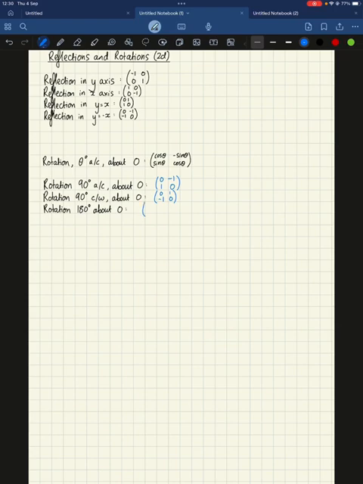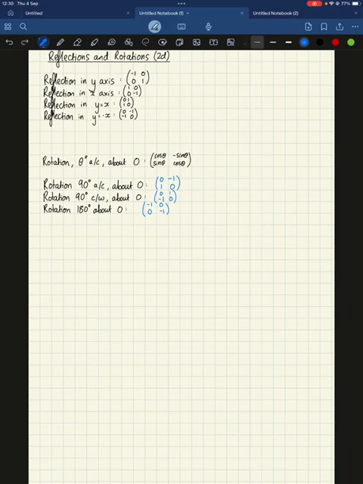And then 180 degrees, well, cosine of 180 degrees is minus 1. Sine of 180 degrees is 0, minus sine of 180 degrees is 0, cosine again of 180 degrees is minus 1. So these are our matrices for rotations 90 degrees clockwise and anticlockwise and 180 degrees.